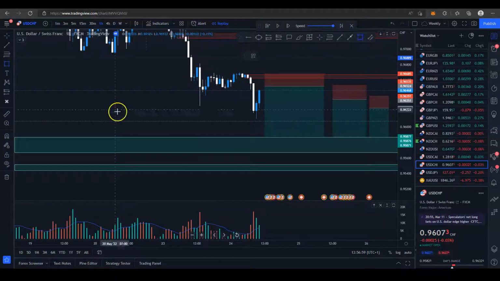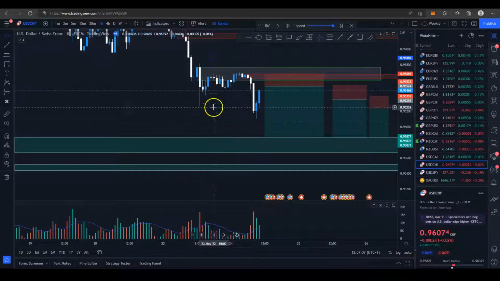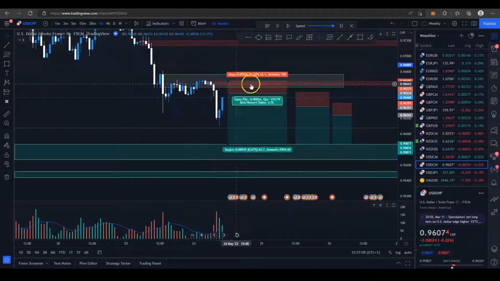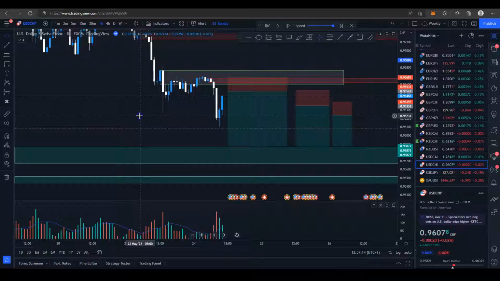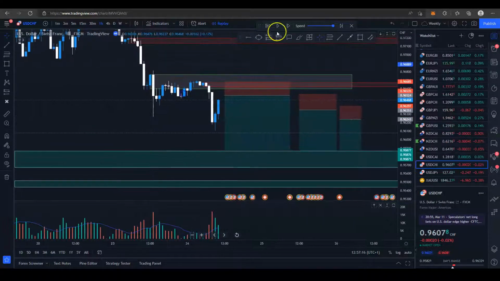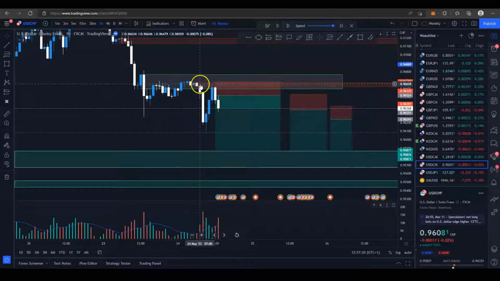So I would be interested in what caused this move, and I'd be looking at this kind of area here for it to react from in the green zone, which ties right into the order block that's been printed for me. So I've kind of got double confirmation in this area that we should see that nice reaction, and it reacts so nicely from the red box that's been created.